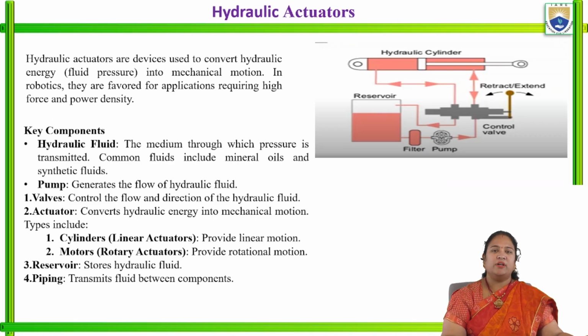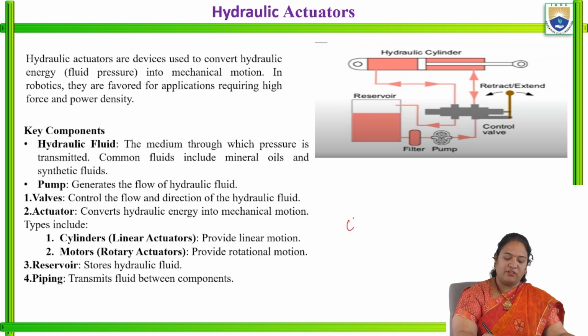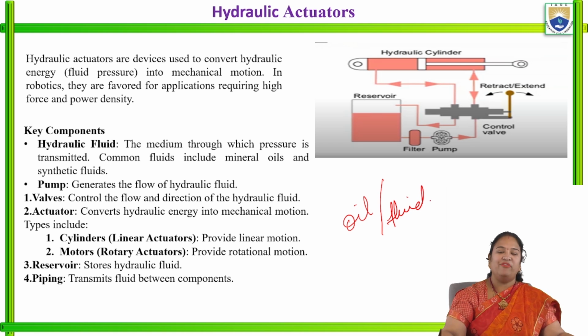Coming towards the hydraulic actuator, as the word itself implies, hydraulic means what? What is the mode of movement we are using in this particular robot? Here we generally prefer oil or any particular type of liquid fluid.